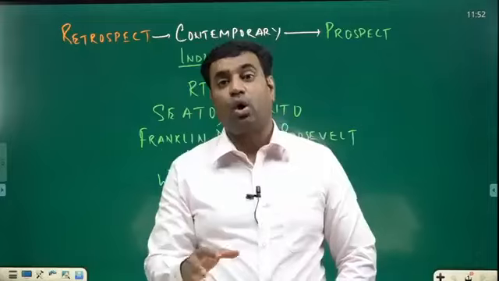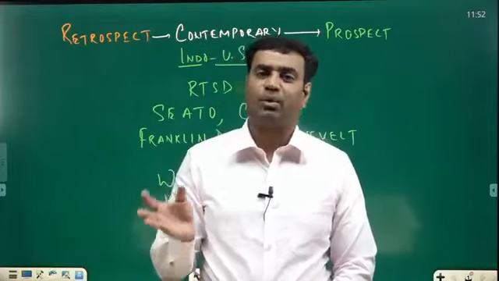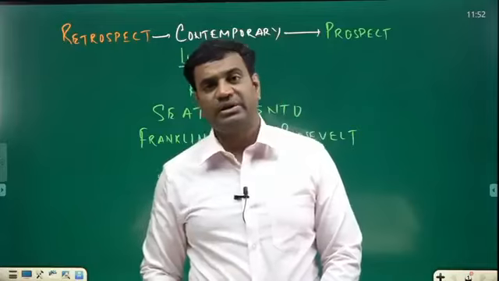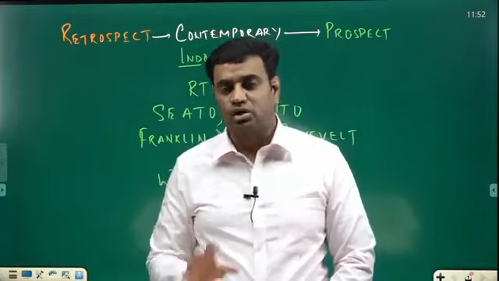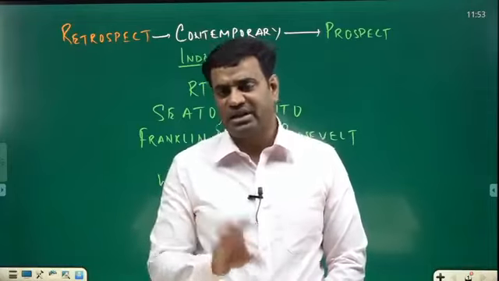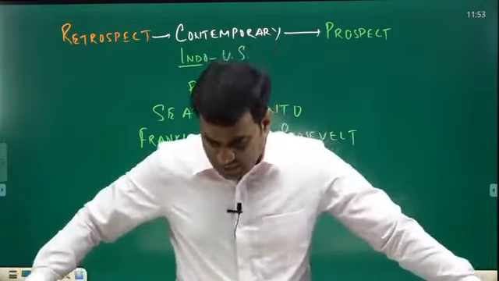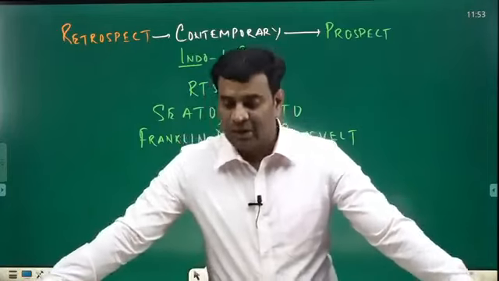Dominion status was a constitutional term, indicated by the word Swaraj. It was also indicated by the words home rule or autonomy. So dominion status meant the right of autonomy or self-government, and at the same time surrender of sovereignty to the British Crown. This is clear, the concept of dominion status. Fine. Okay.